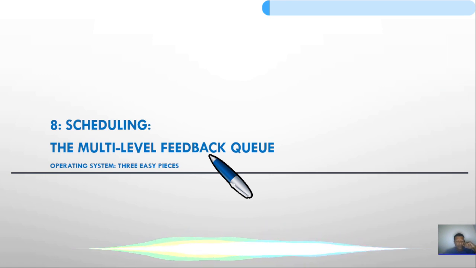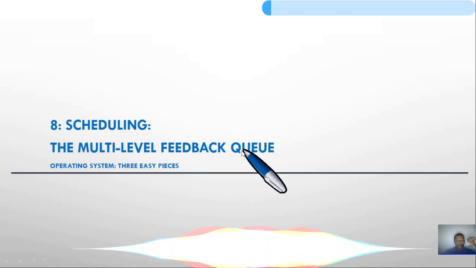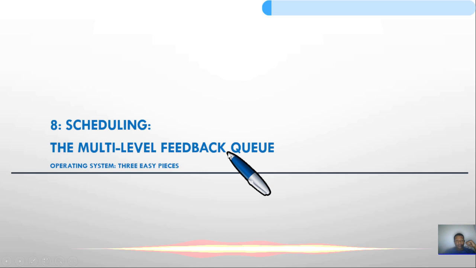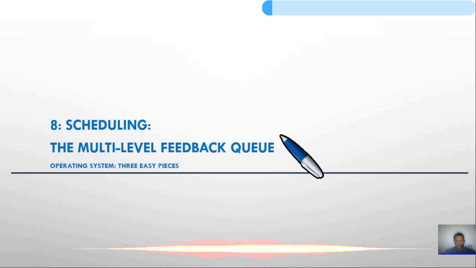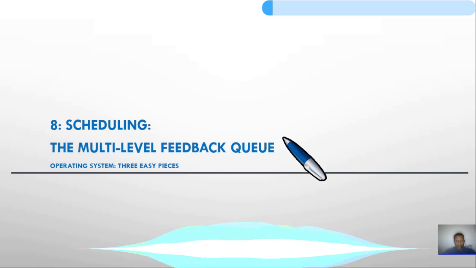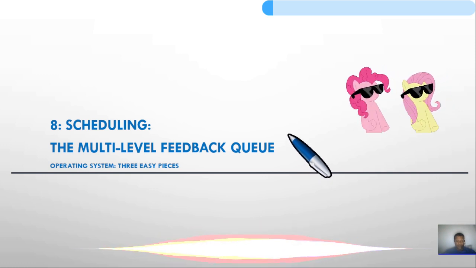Last chapter we discussed a lot of scheduling: first come first serve, shortest job first, round robin and the like. But all these kinds of scheduling assume they know the burst time of the process, how much time the process will take in the CPU, but that is not real.